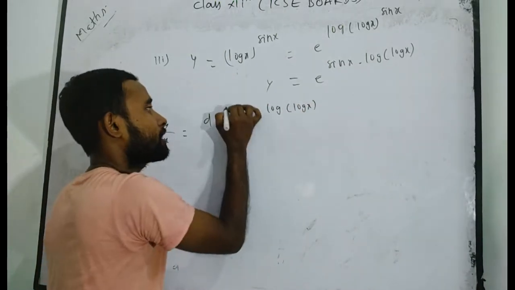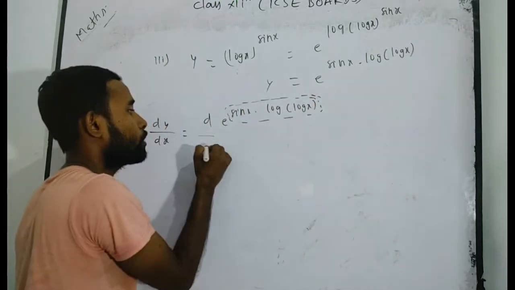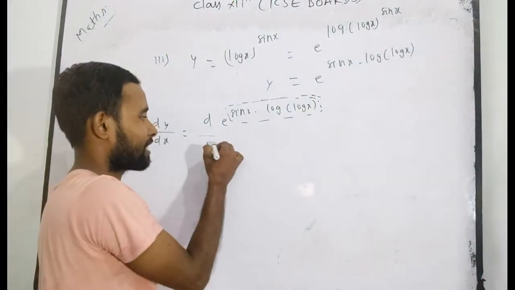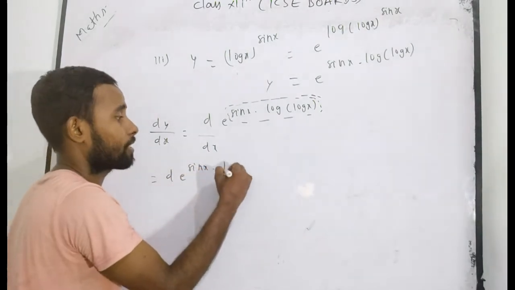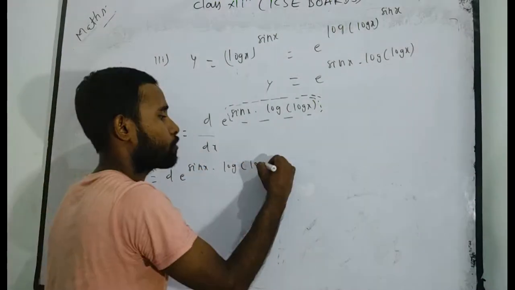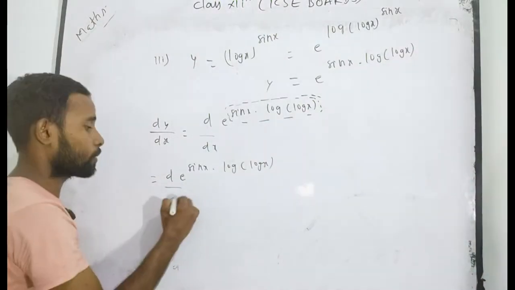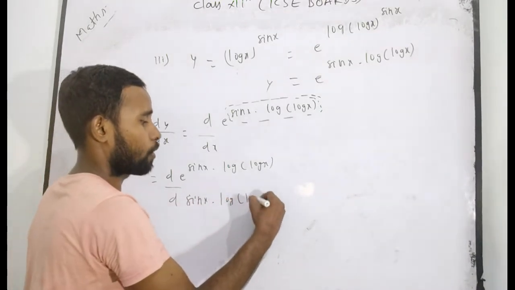Suppose that this is your single term p. If this is your single term p, then e to the power p is firstly differentiated with respect to p. So I want to write directly. If you give me some time, I will definitely write its steps also. That means e to the power sin x into log x is firstly differentiated with respect to sin x into log x.